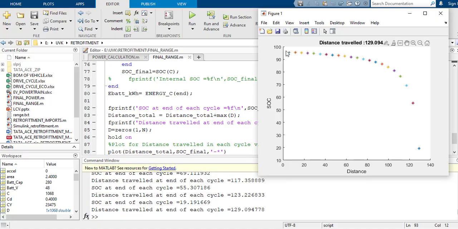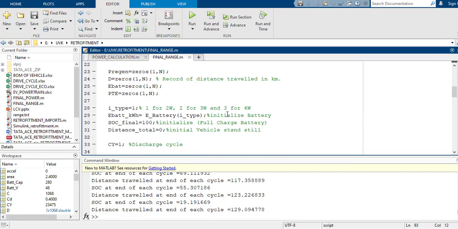The E2O vehicle is considered to have a total travel of 140 kilometers in its particular range. So we have validated our range calculation in the MATLAB software.